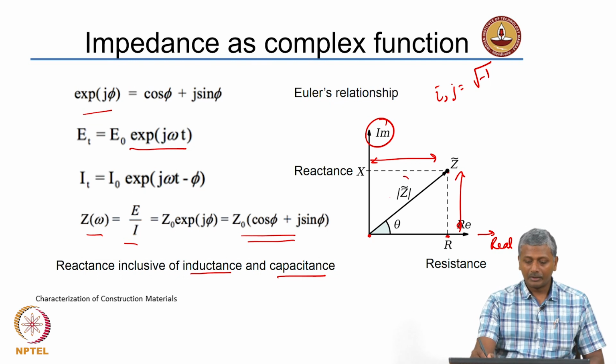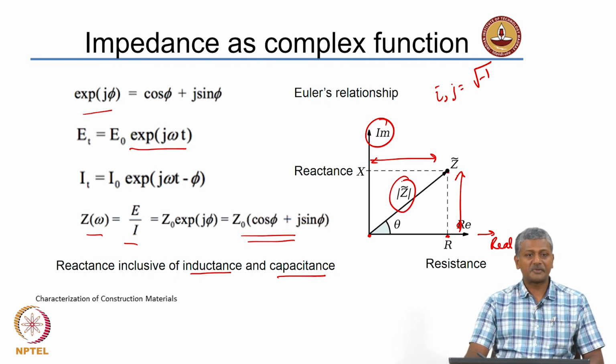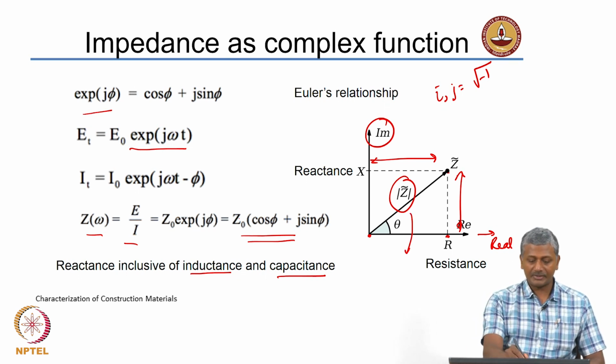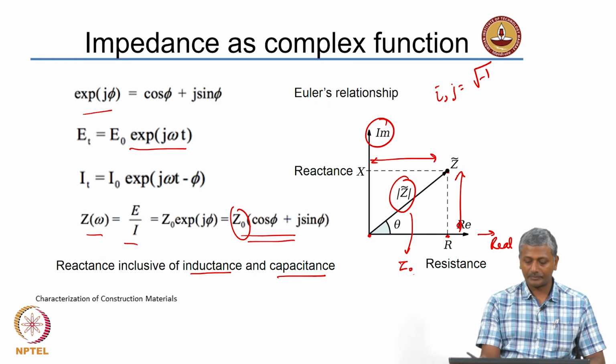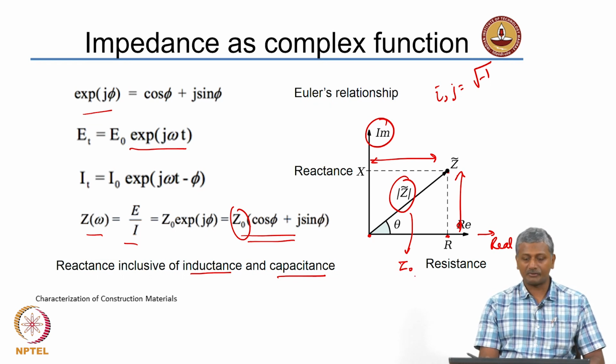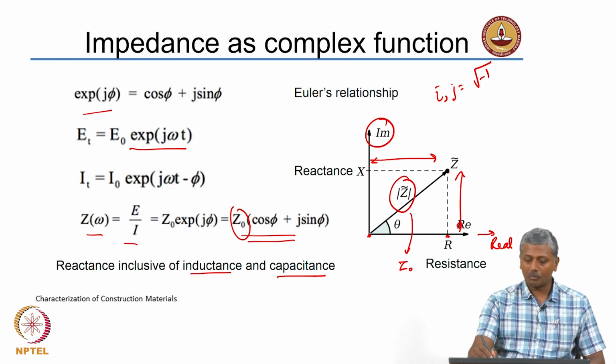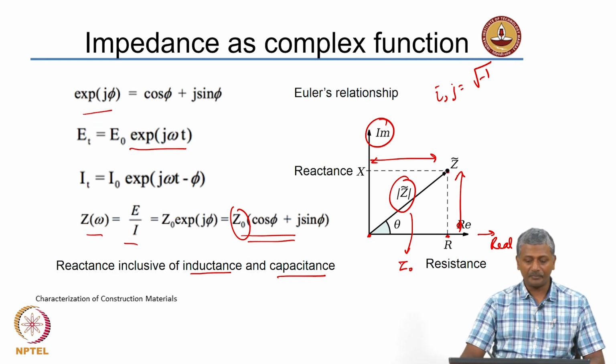So, here the modulus, which is basically the length of the vector, the magnitude of the vector, is what is given as your z naught. This is your z naught. Okay. The length of this vector, which is defined from the point of origin to the z point, that is given as z naught.